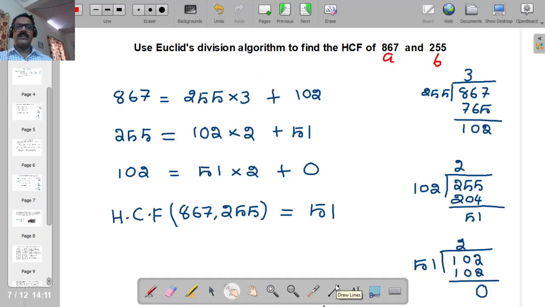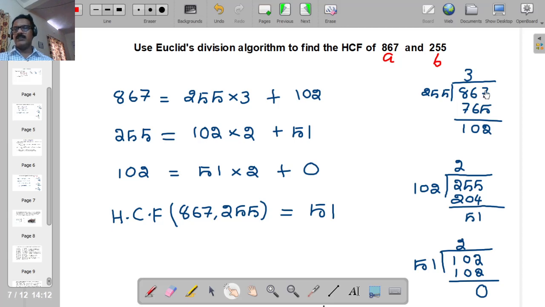Use Euclid's division algorithm to find the HCF of 867 and 255. The bigger number is 867, so we will divide 867 by 255. How many 255s can be taken from 867?